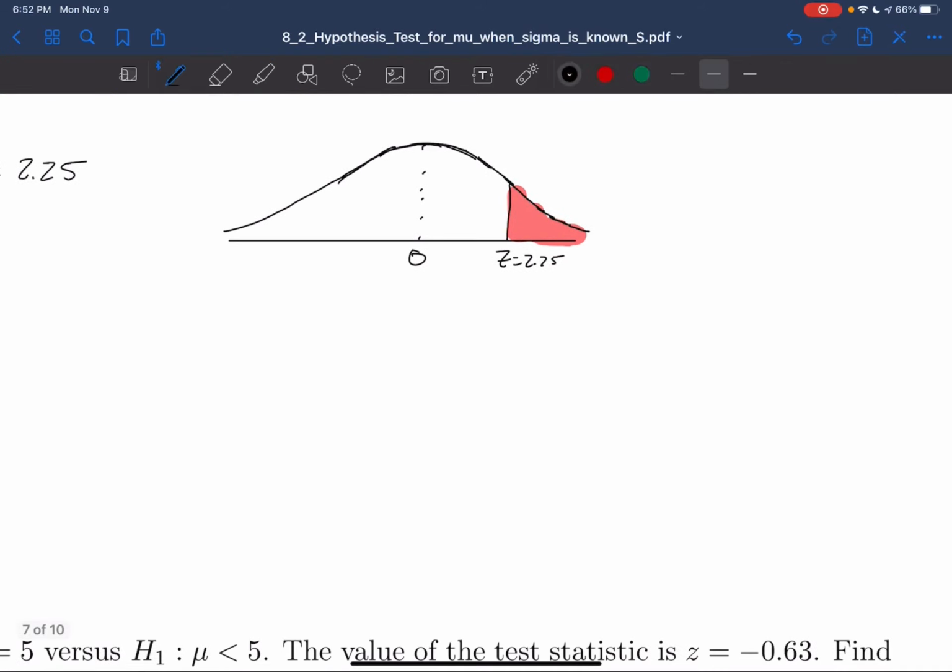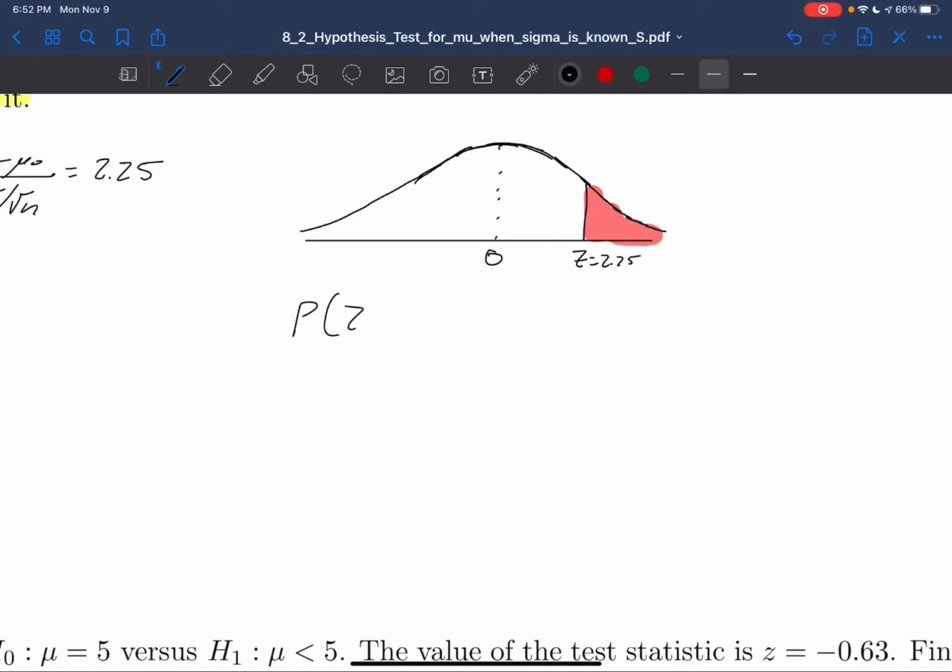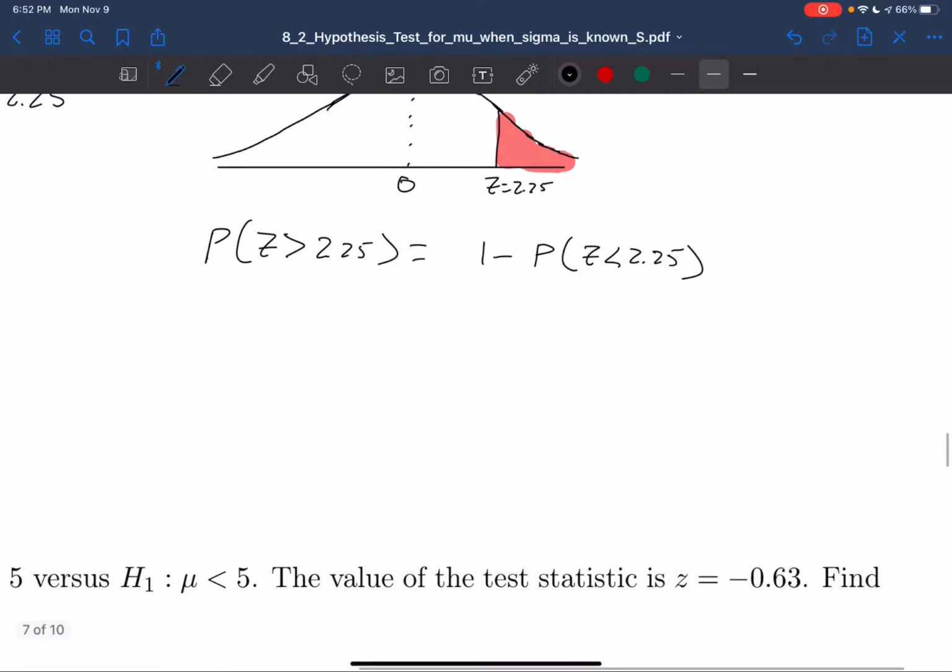Another way we think about this is we want to find the probability of z is greater than 2.25, which is the same as 1 minus the probability of z is less than 2.25. And we could just use the table to find out what this value is. So this is going to be equal to 1 minus 0.9876, and this is going to be equal to 0.0122.